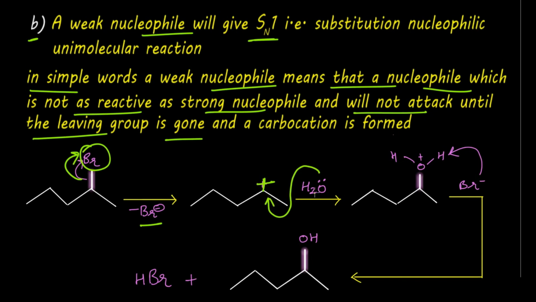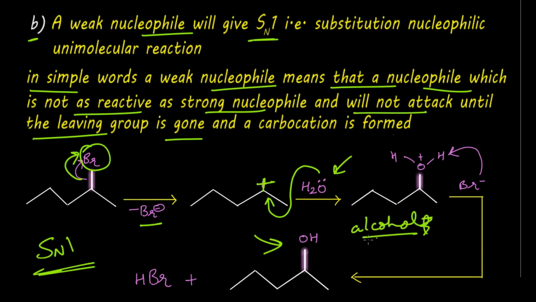So this provides an opportunity for weak nucleophile to attack, and then the attack finally takes place and substitution reaction will occur. And the mechanism followed is SN1 substitution mechanism. One example of weak nucleophile is H2O, and another example that you can take is alcohol. So these are the two examples that you can take for weak nucleophiles, right?